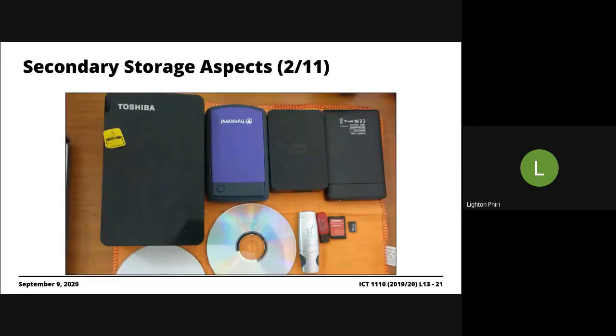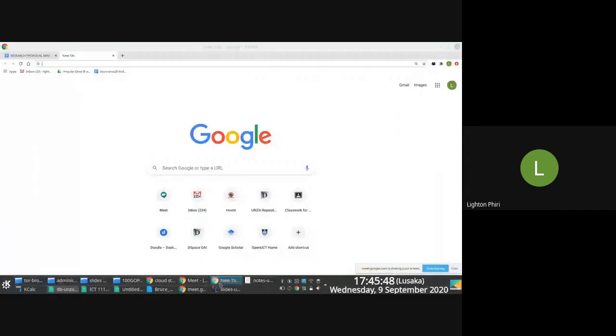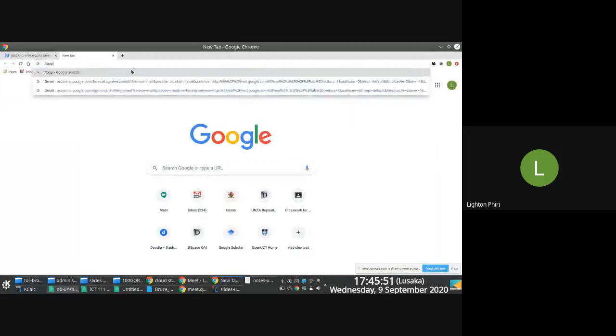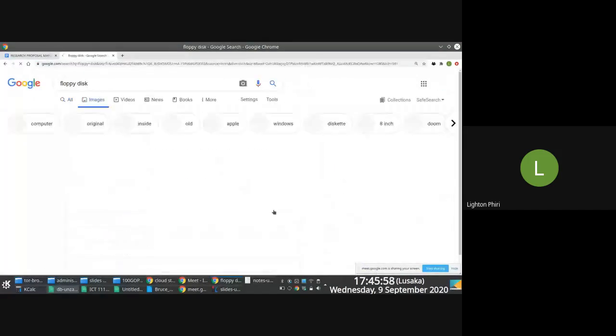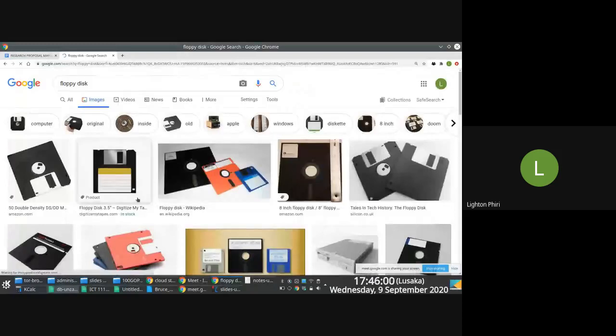3.5-inch floppy drives, right? Which I used when I was a student myself. I don't know if anybody has used a floppy disk before. I used a lot of these. Believe it or not, this is secondary storage, magnetic storage. But the ones we were using were 1.44 megabytes. You heard me, right? Megabytes.